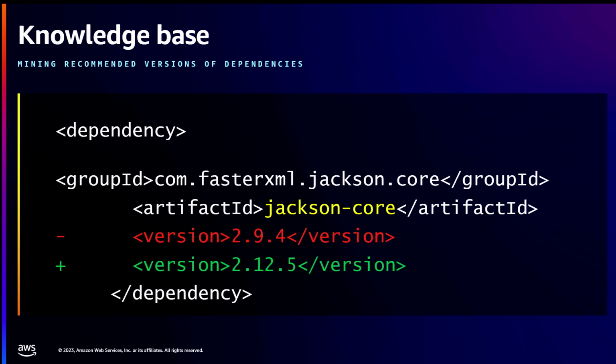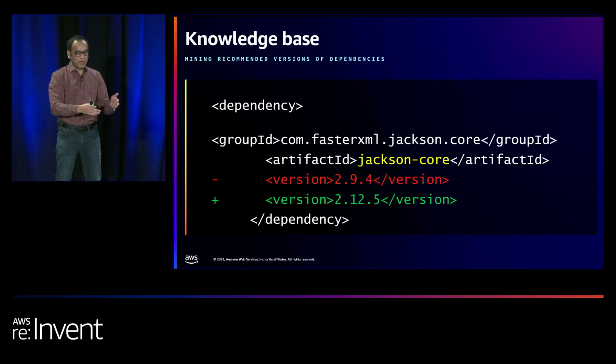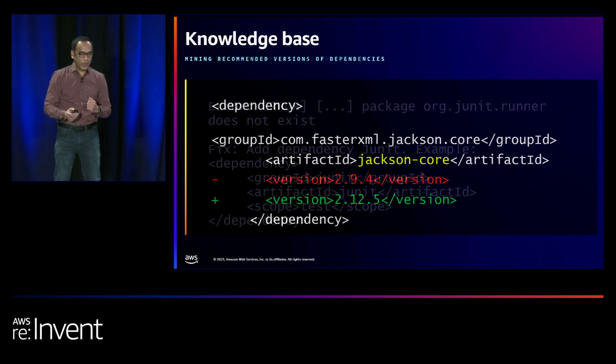Our knowledge base might say Jackson Core library versions 2.x to 2.y need to be upgraded to 2.12.5 or some other version. Based on that, we can apply this upgrade automatically using our engine. So that's one example of the knowledge base.